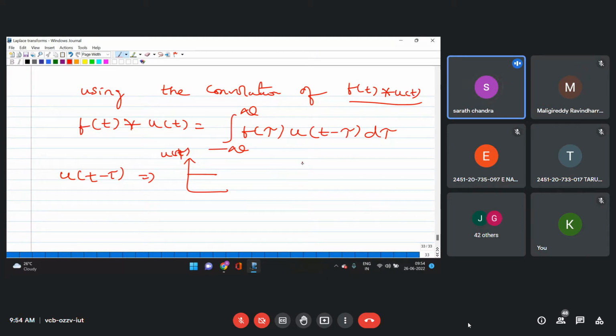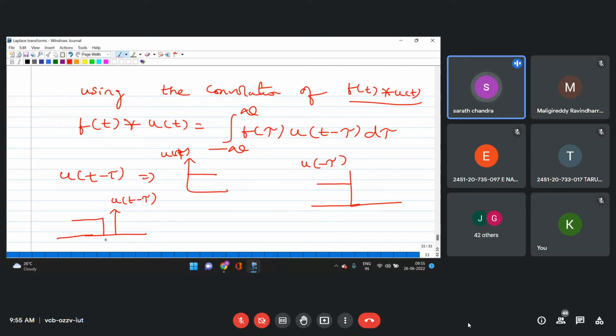Then let me do u of minus tau. So what will this be? This is flipping along the x-axis. So this becomes u of minus tau. Then let me go with u of t minus tau. Right? So if I have it here, then this will be your u of t minus tau.